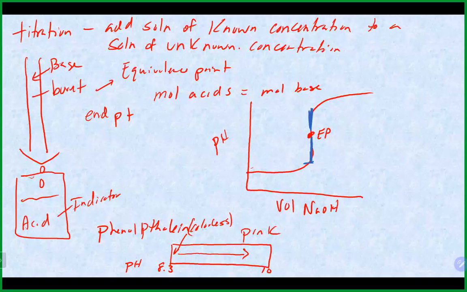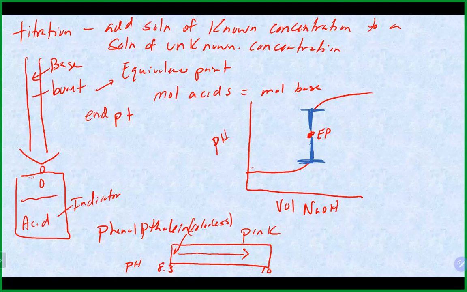Now, the problem with that jump as we approach the equivalence point is that we are basically going vertical here, right? Does the pH change a lot as you go towards the equivalence point? It does, right? Because it's going vertical.